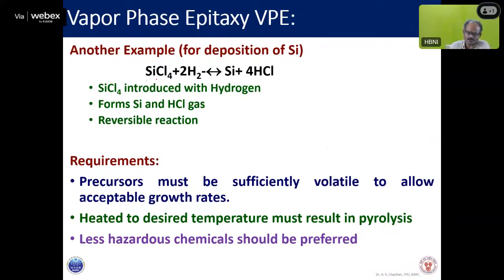For this, silicon chloride is allowed to react with hydrogen, and you get silicon, and then you can deposit small silicon layers. The requirement is that the precursors must be sufficiently volatile to allow acceptable growth rates, and it should be heated to a desired temperature, and at that temperature pyrolysis should take place, and the less hazardous chemical should be preferred.